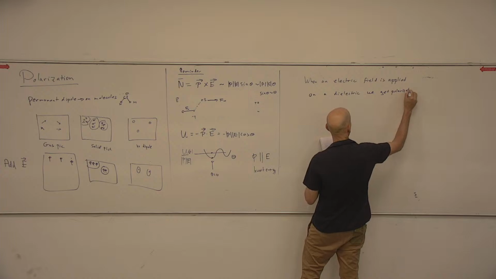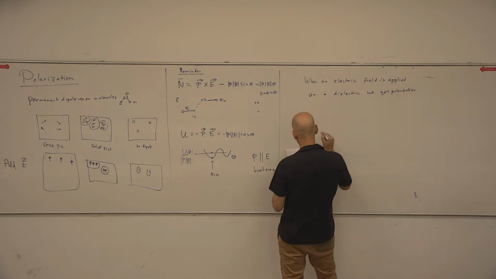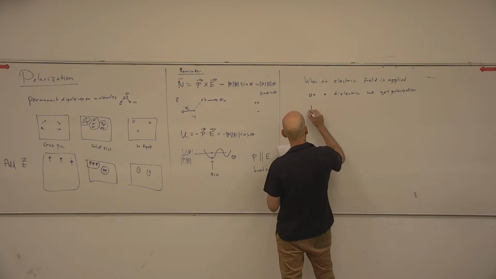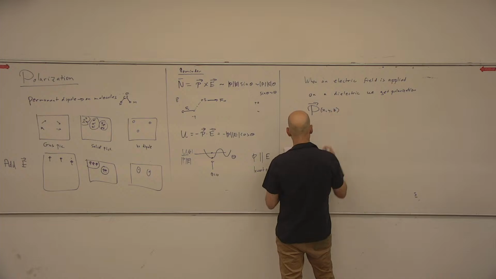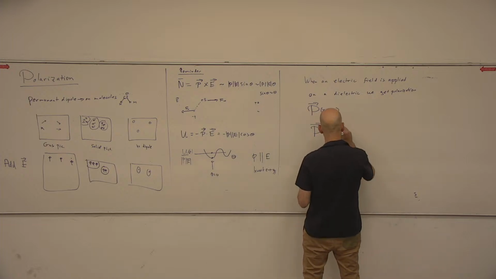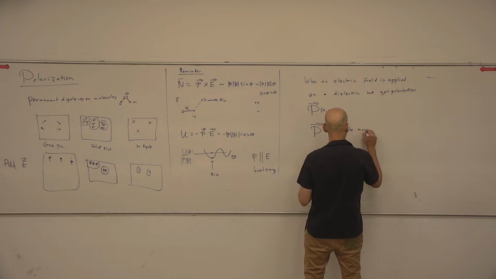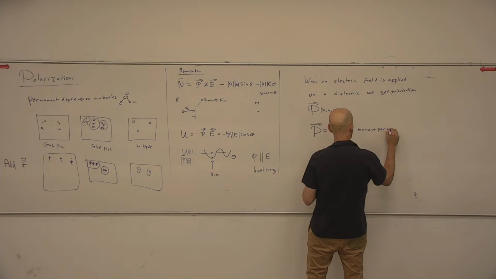It's a field. It's a function of space, and it is denoted by P, in principle of x, y, z. And what is this P? It's very simple by definition. It's the dipole moment per unit volume.